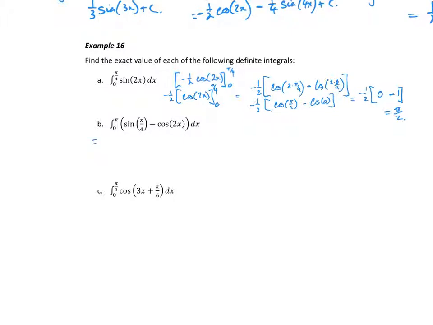All right, moving along. Antiderivative of cos x on 4 plus sine 2x. Now, in this case, the k value is a quarter, so 1 on a quarter is 4.